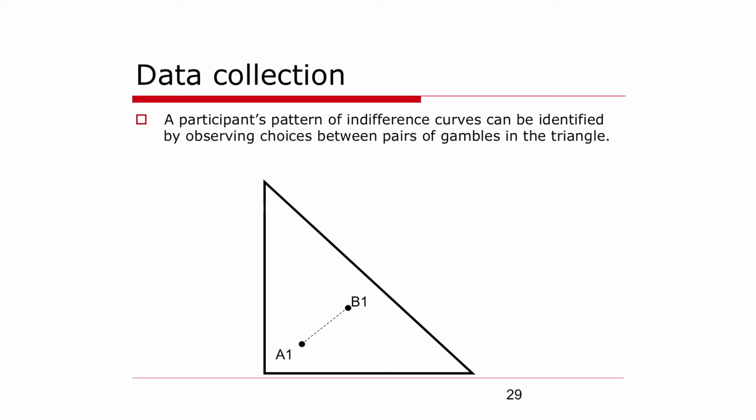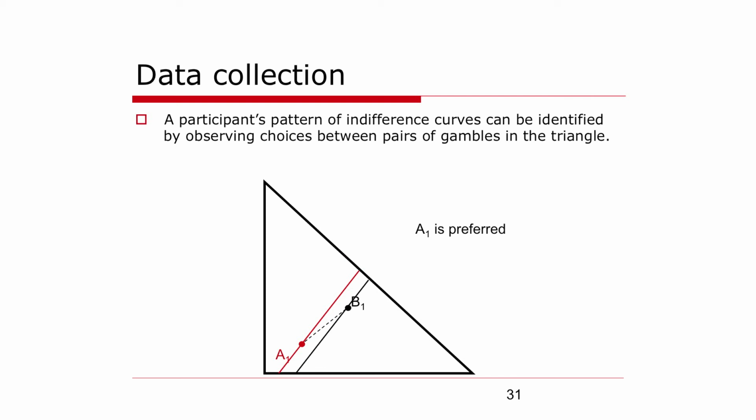motivation. So again, we have here the MM triangle, and here's one gamble, A1, and gamble B1. In this case, if this is a particular expected utility indifference curve, according to the EU, because gamble A1 has a higher expected utility value, you would prefer A1 over B1 in this particular EU.